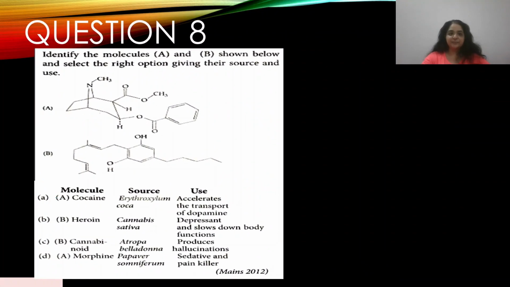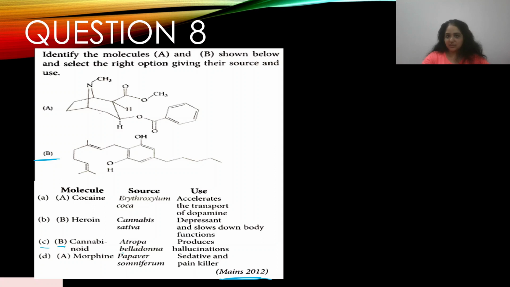Question number 8. Identify the molecules A and B shown below and select the right option giving their source and use. So you have A and you have B. This appeared in Mains 2012. So B is definitely cannabinoid. If you look at option C, B is cannabinoid.